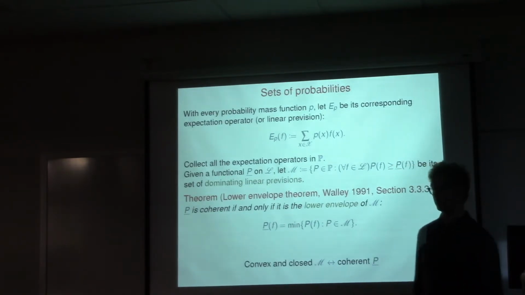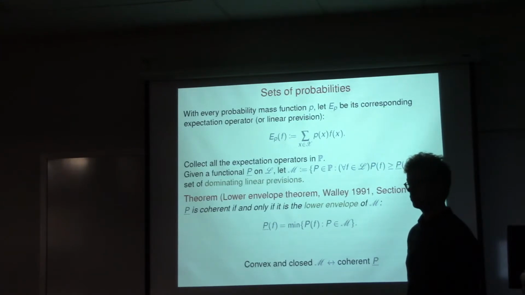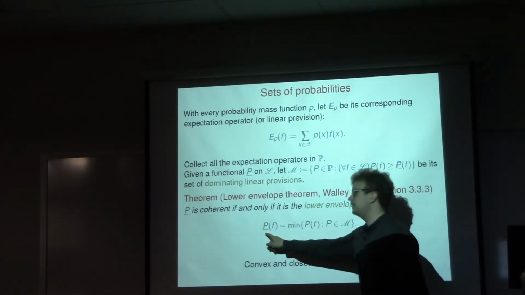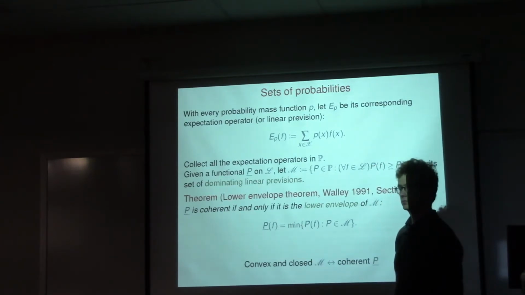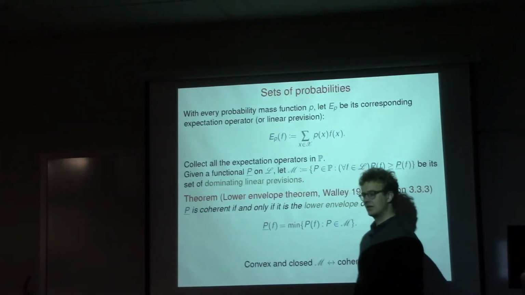So the lower prevision itself is already the supremum over the set of prices that you were willing to pay. Yeah. And this is saying that the lower prevision is coherent if it's the minimum of the set of previsions that dominate it.